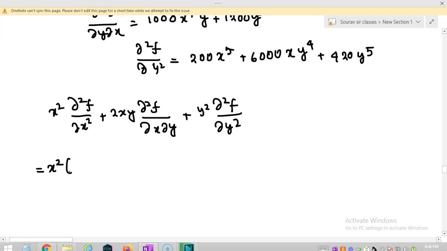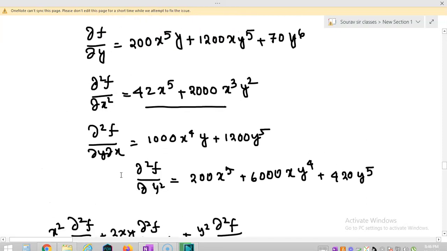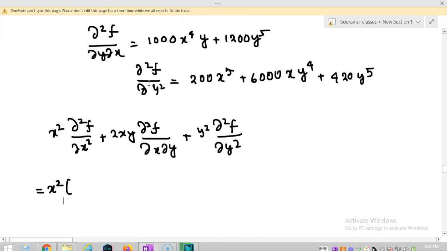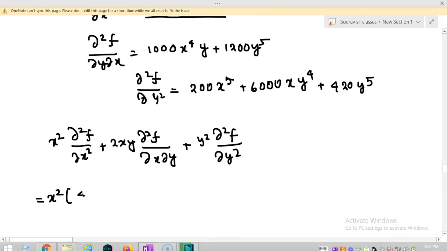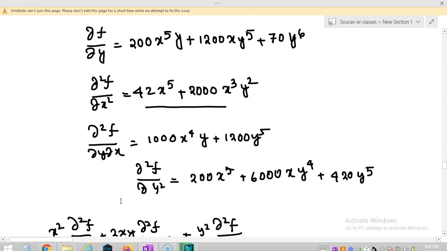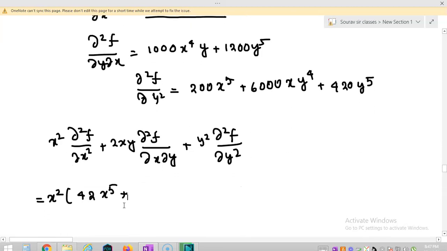The value of del 2f del x2 is 42 x to the power 5 plus 2000 x cube y square, multiplied by x square, then 2xy.